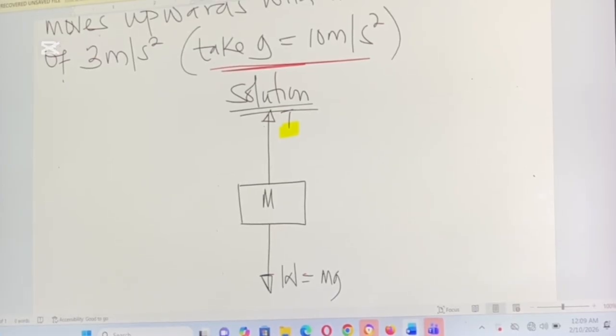When they say upwards, it means the direction of the force of the system is going up. When they say downwards, it means the direction is going down. But if I have two masses, the direction of the system will always go to the greater mass. We are going to consider that later.